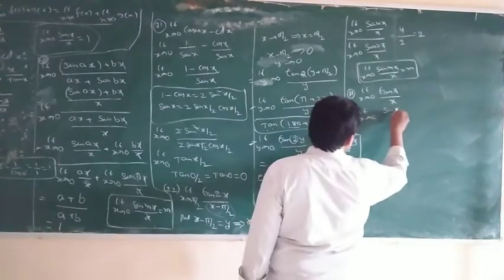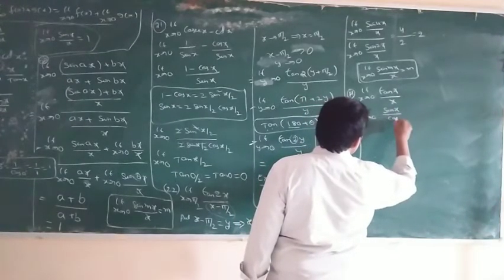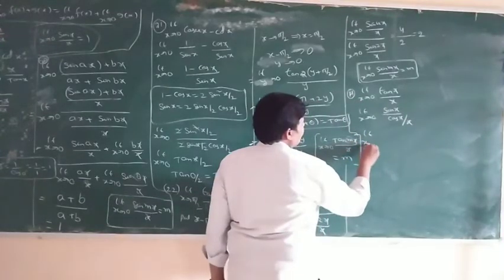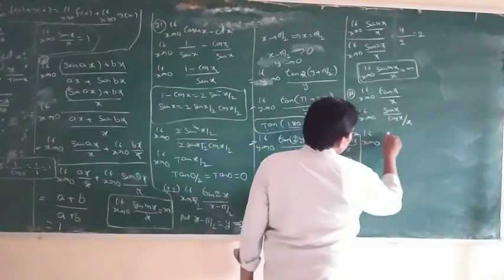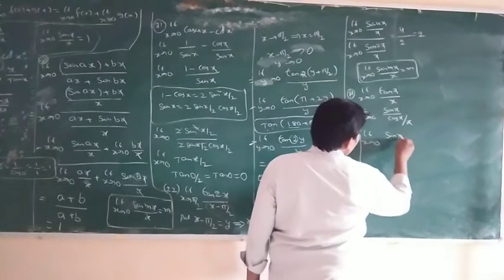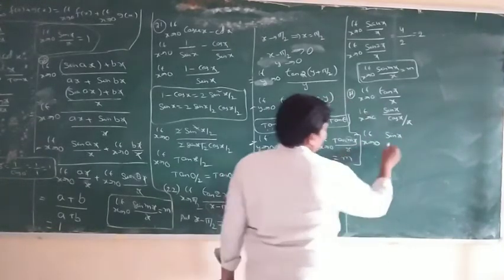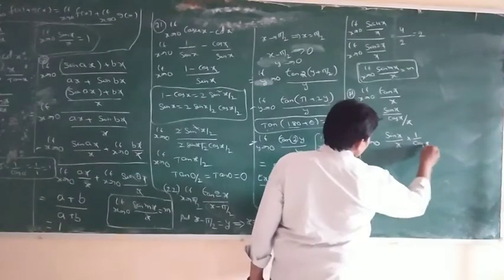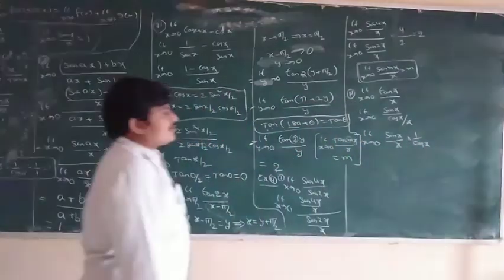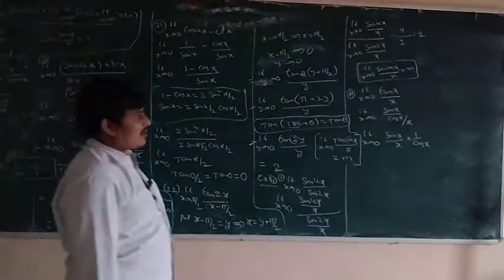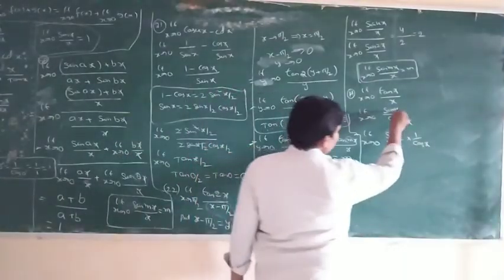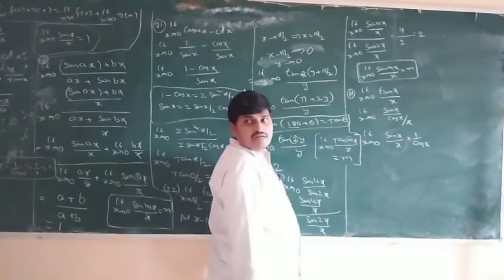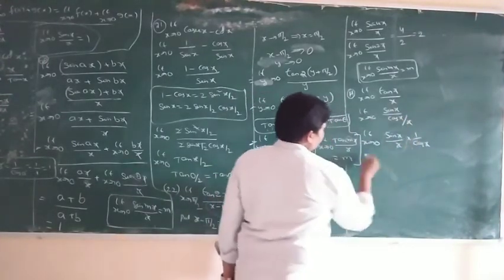Tan x is equal to sin x by cos x, all by x. So limit x tends to 0 is sin x by x into 1 by cos x. One function is sin x by x, separated, and the other one is 1 by cos x.